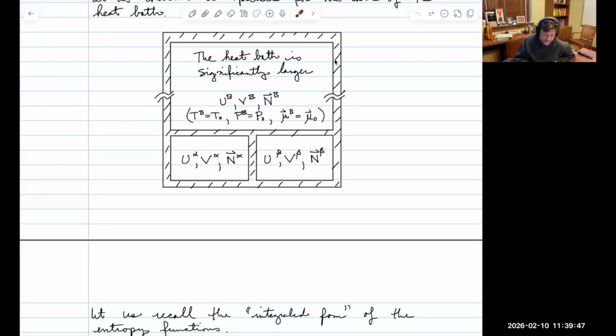Originally, this bath is at temperature T naught, pressure P naught, and the chemical potential is mu naught. Okay, so originally it's set at those values. It's of course allowed to reach its equilibrium by itself. These are at their equilibriums, and now we're going to think about removing these. We're going to think about replacing this isolating wall and this isolating wall with something else.